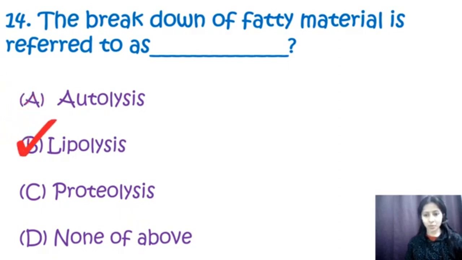The correct answer is option B, lipolysis. Lipolysis is a process in which triglycerides are hydrolyzed into glycerol and free fatty acids, and this process is catalyzed by an enzyme known as lipase. Autolysis and proteolysis we have just discussed.